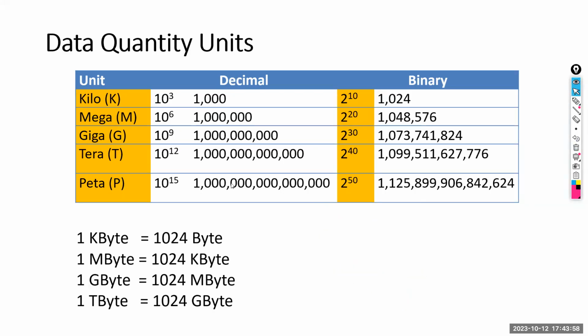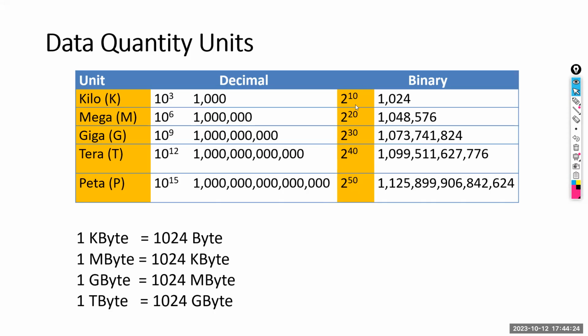So that is how you measure your binary data: bits, bytes, and of course kilobyte, megabyte, gigabyte, terabyte, petabyte. You have to remember 1024 kilo is mega, 1024 mega is giga, 1024 giga is tera, 1024 tera is peta.